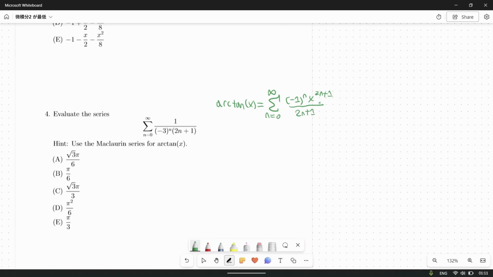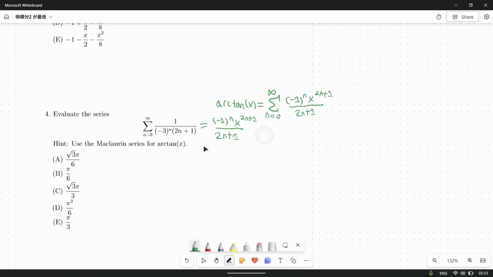And so from here, we'd have to equate this with our original series. So we can say that this would be equal to (-1) to the n times x to the 2n plus 1 over 2n plus 1. And then we'd have to manipulate this equality to make sure that this would be true.